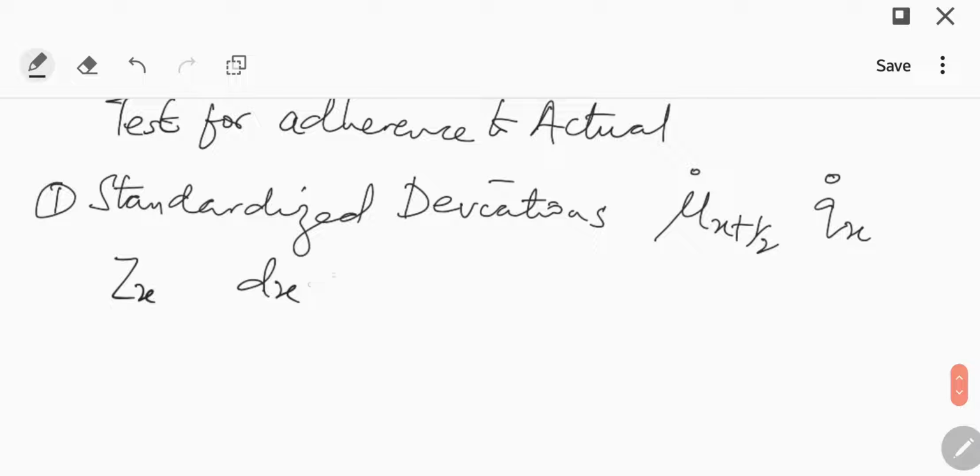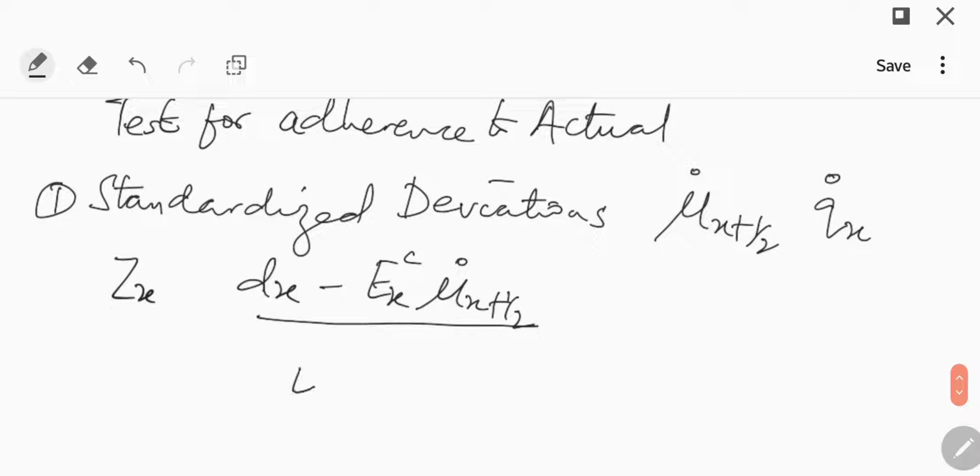So these are the observed minus the expected number of deaths using the Poisson distribution model, or the normal approximation of it. I take the central exposure to risk and multiply by mu at x plus half, graduated, and divide by the standard deviation.